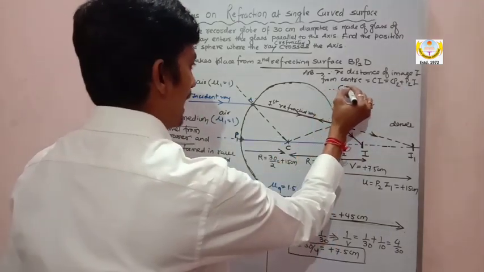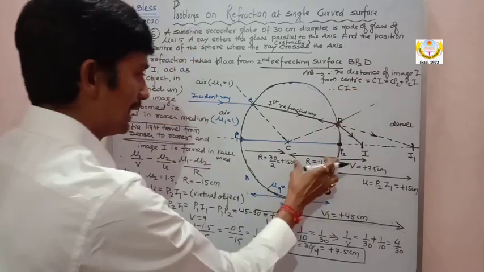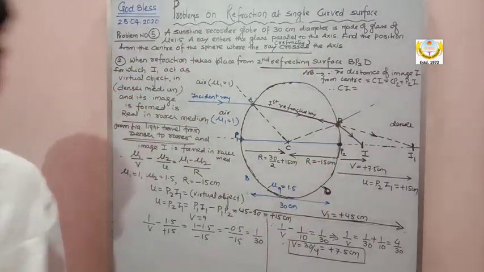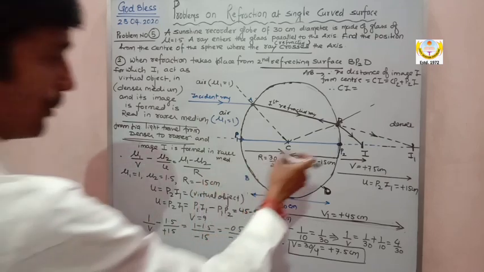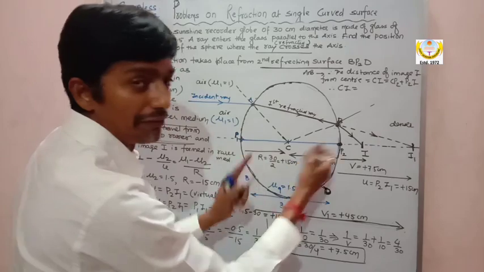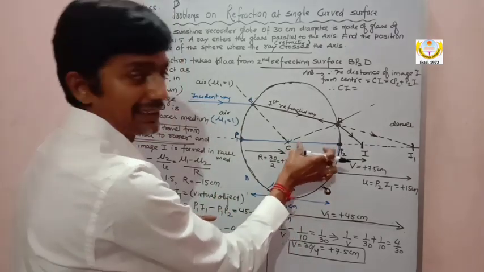Therefore, CI is equal to CP2 plus P2I. You can see CP2. How much is CP2? Now you don't take the surface's minus 15. CP2 is the distance.